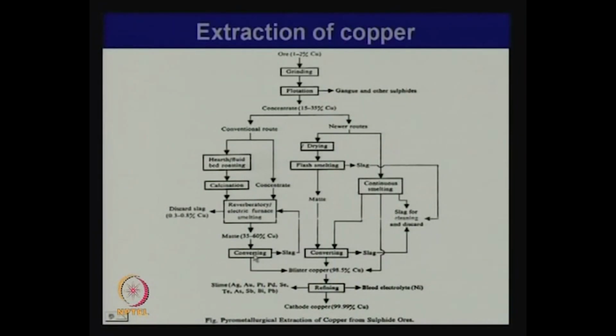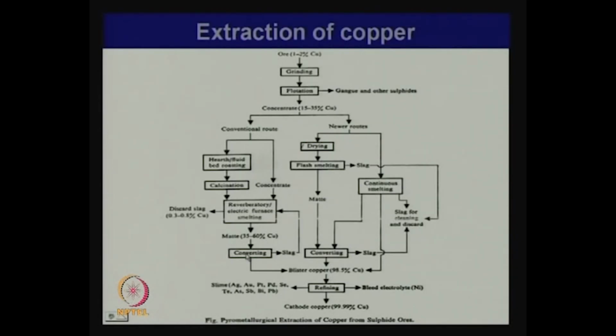Now, during the converting, whatever FeO and iron sulphide is remaining in the matte will be oxidized, taken into a slag phase. The slag phase will go back here, because there could be some copper coming out. So, we have to recover that. Finally, a stage comes where all iron sulphide has been oxidized, and that process of oxidation provides heat during converting, which becomes an autogenous process.